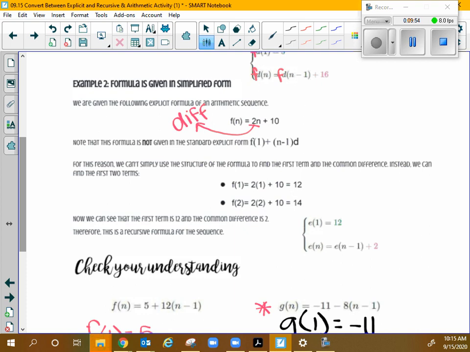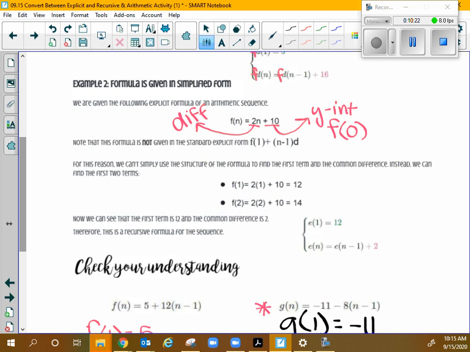But 10 is not my first term. Remember when you're building slope-intercept and then that whole first day on Friday, that's the y-intercept, which means that it's not f of 1, it would be f of 0. It's your 0 term, right? So there are two options.